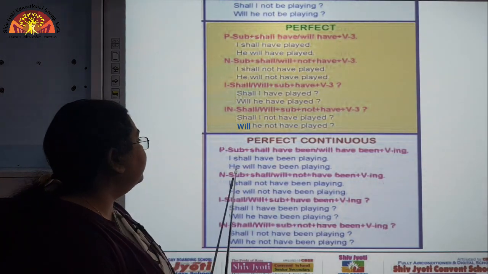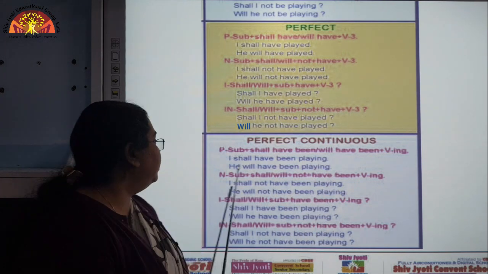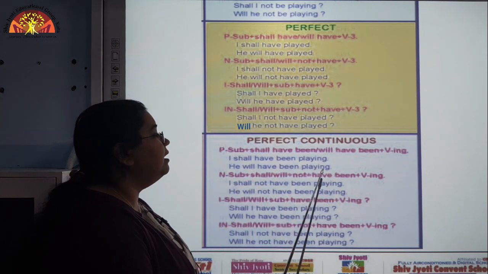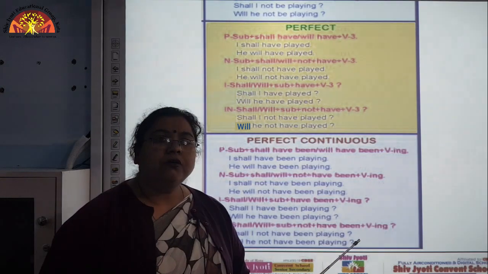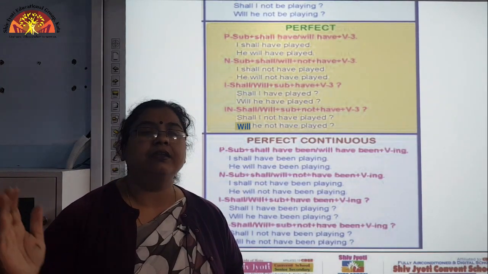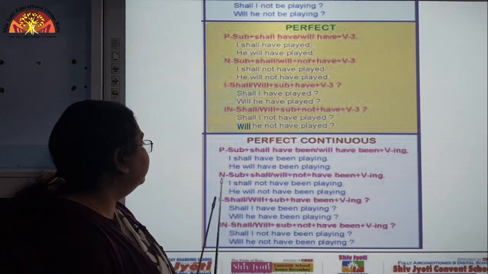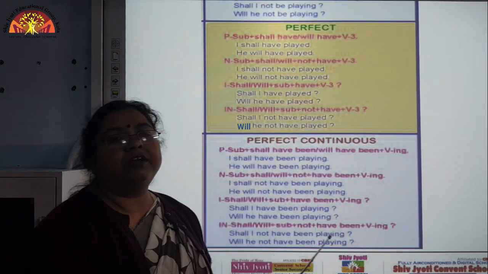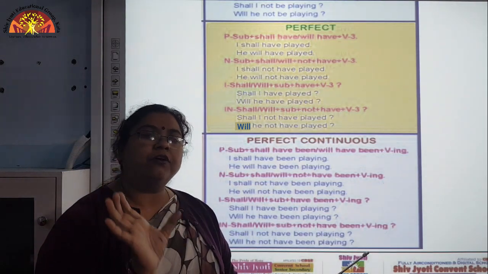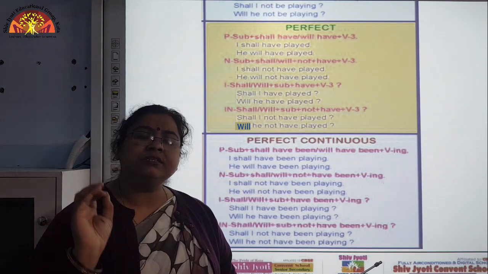So, I shall have been playing. He will have been playing. So, she will have been writing a letter, like this. Okay. So, in this manner we will write a positive or a declarative future perfect continuous sentence.